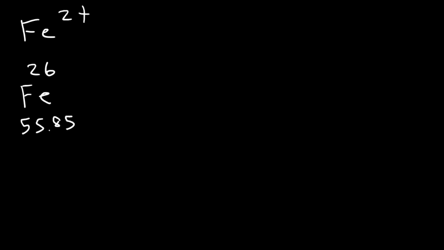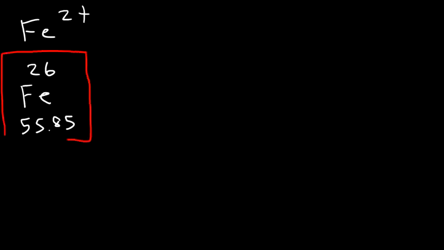Now what about ions? Let's say we want to write the electron configuration of the Fe2+ ion. How can we do so? Now on a periodic table, Fe has an atomic number of 26 and an average atomic mass of about 55.85.